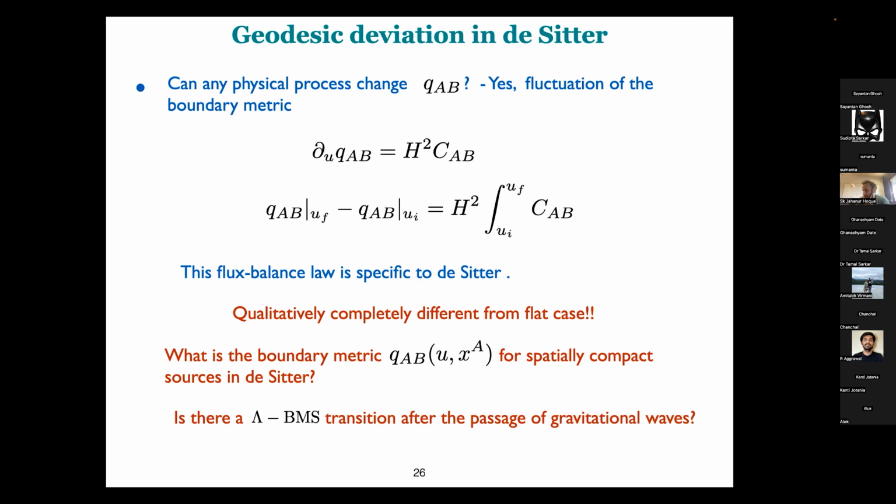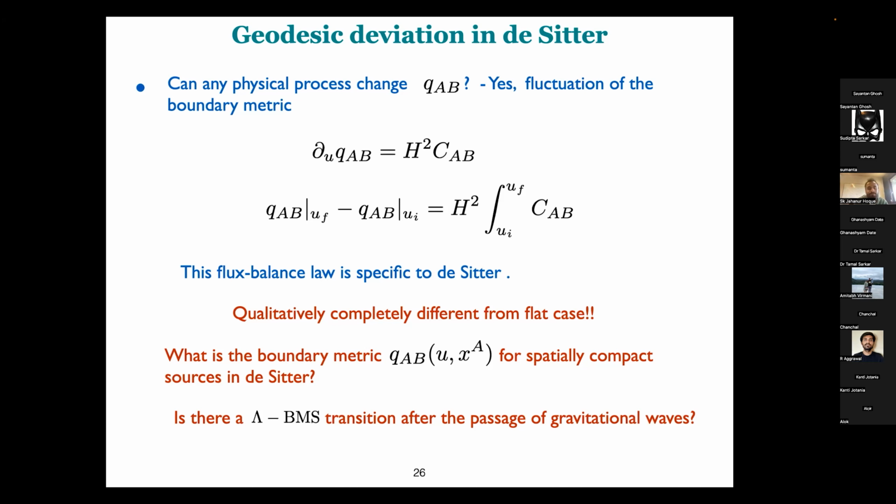Would you still call it asymptotically de Sitter? Yeah, that I don't know, because we didn't consider any falloff of U for CAB, actually, because we just constructed the solution. So CAB is a function of only U, theta, phi. Okay, that will be an interesting question actually. I will ask you later.